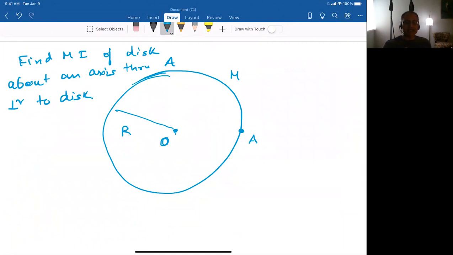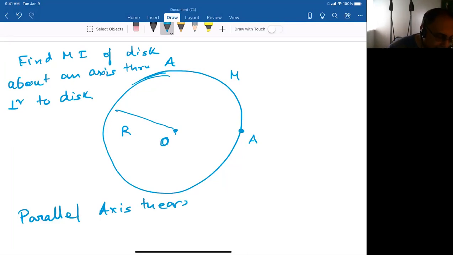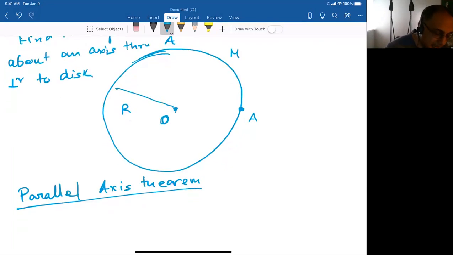For that, there's a very useful theorem called the parallel axis theorem, which I'll again state without proving it, though the proof would really be a bit beyond the scope of this course. Parallel axis theorem, which says the following: you have the moment of inertia about an axis which passes through the center of mass. So let's call that I_CM.